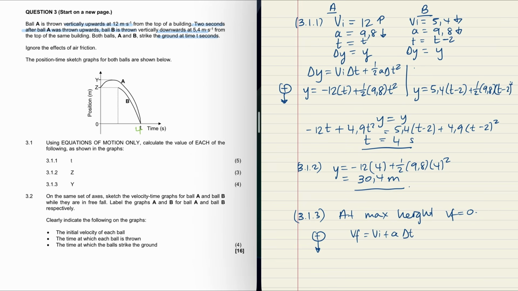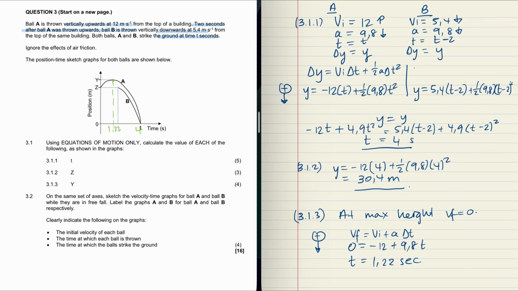Now, I need to work out what delta t is first, and then I'll be able to solve for the max height. So 0 is equal to, now A was thrown at 12 meters per second upward. I've chosen down as positive. So here I'm going to have minus 12 plus 9.8 times t. So t is equal to 1.22 seconds. So it takes A 1.22 seconds to reach this max height.